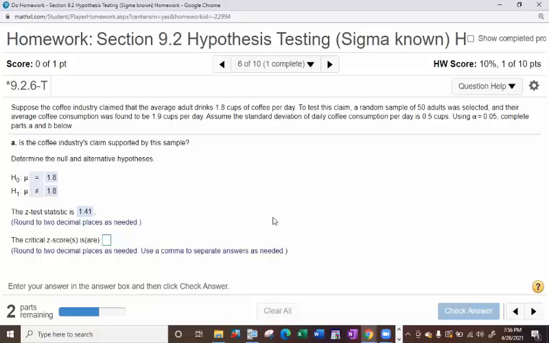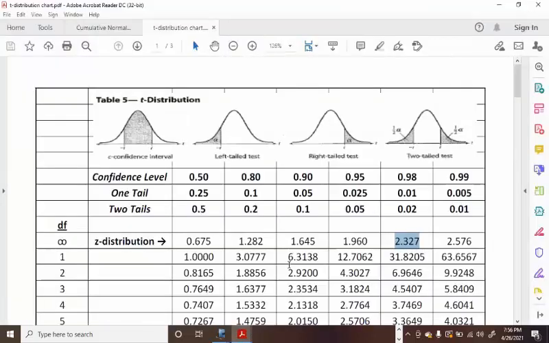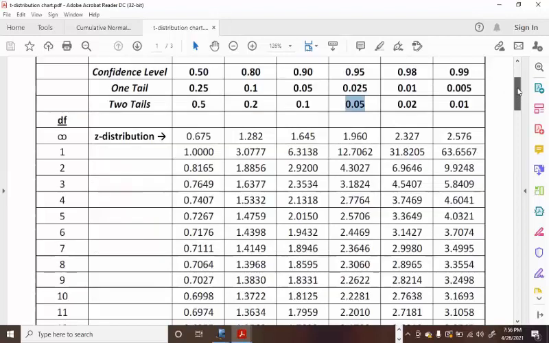Critical z-scores. Two-tailed test, it's going to have a plus and minus. Two-tailed, 0.05. There's 2. Okay, we always got to be careful what row we're on. Two-tailed, 0.05, not one-tailed. 1.96.